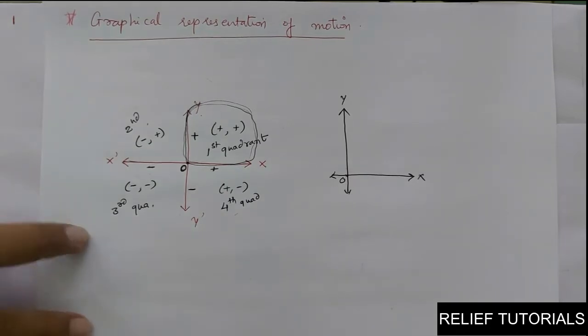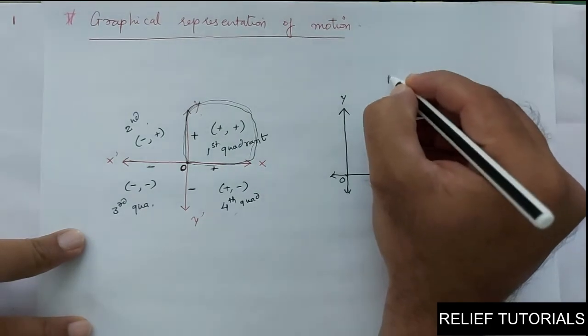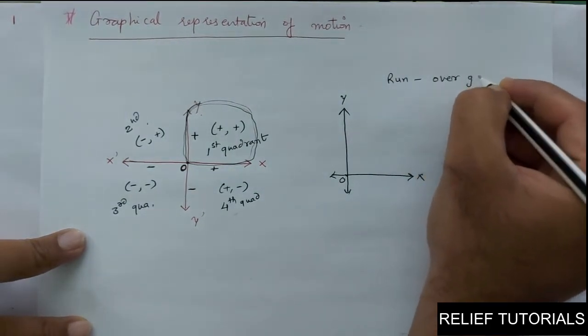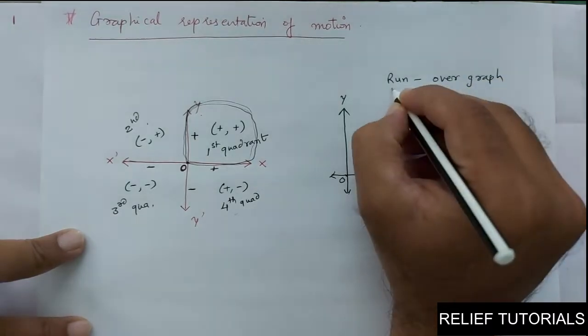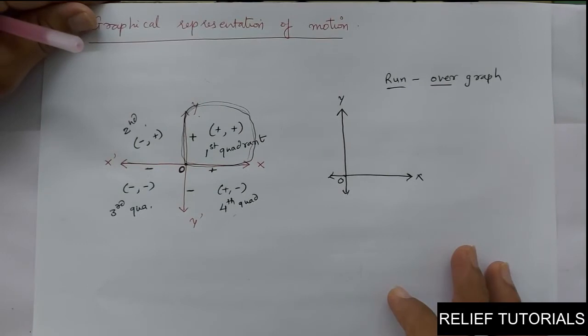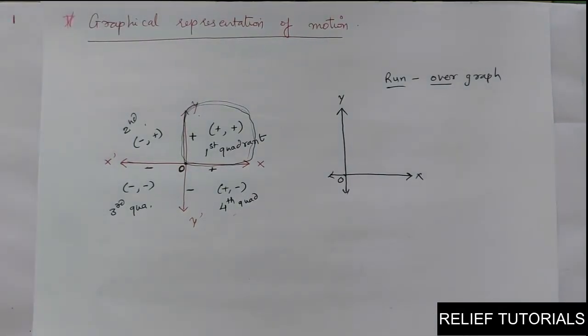For example, I think you have seen the run over graph during a cricket match. Means run and over are the two quantities. For example, we are not able to see the whole match. We are going to the class, we are going to school, so we missed some part of the match.